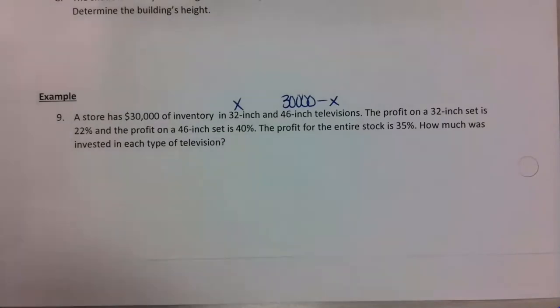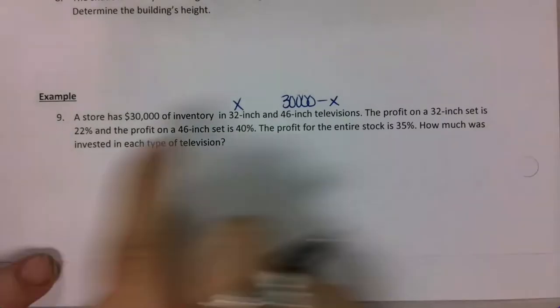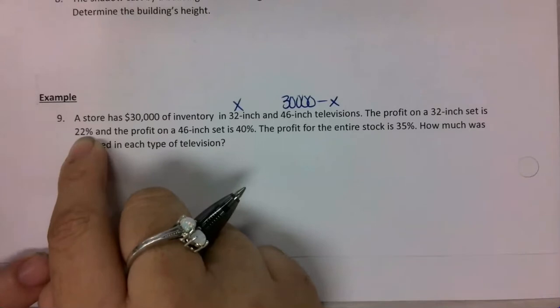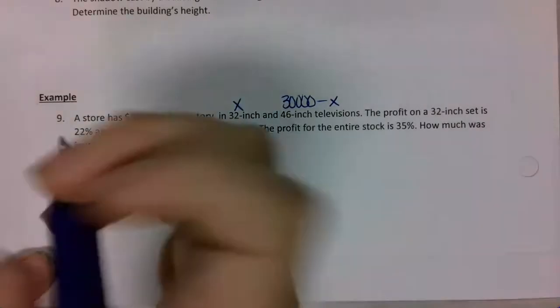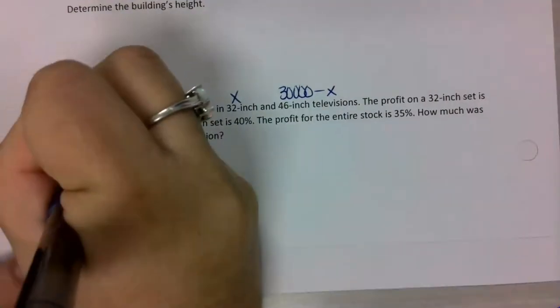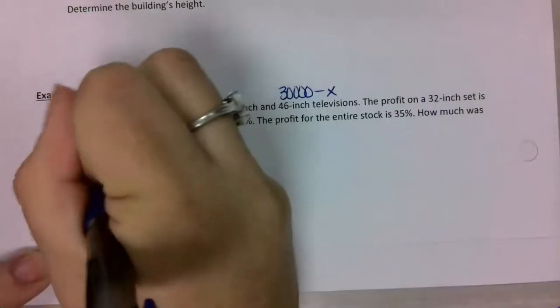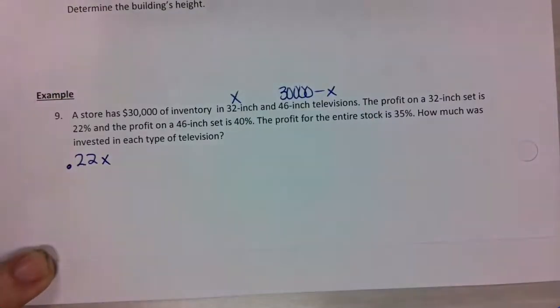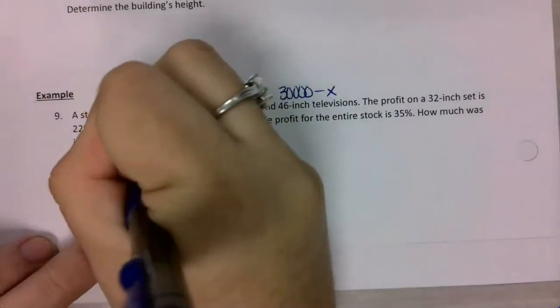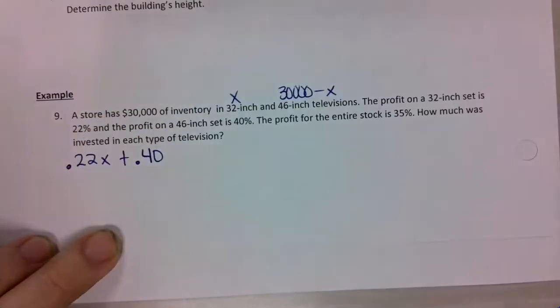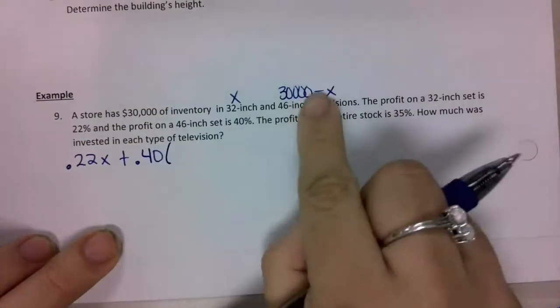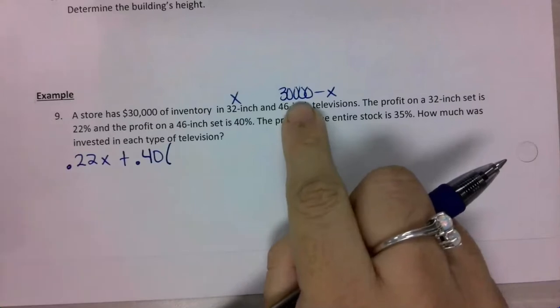Then what I'm going to do is I'm going to set up my equation. So I know they get back 22% of whatever they spent on their 32 inches. So I'm going to turn that into a decimal. It's going to be 0.22 times X, because 32 inch was X. And then I know they get 40% of their 46 inch, so I'm going to have 0.40 times what they spent, 30,000 minus X, on their 46-inch TVs.